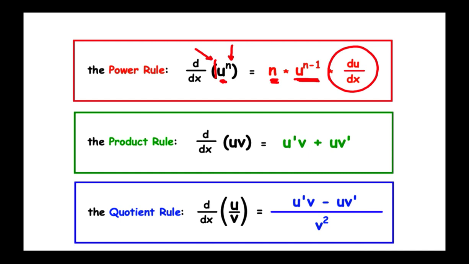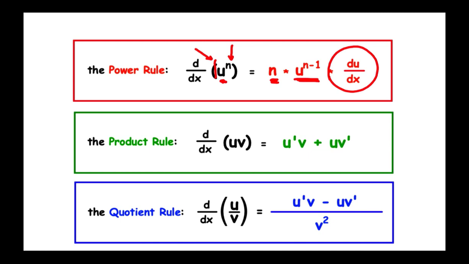All right, the 2 rules that are brand new that you have never seen before are the product and quotient rules. And here's how they work. If you have 2 things that are being multiplied together, we call the first one u and the second one v. I apologize that our textbook and most textbooks pick the letters u and v.